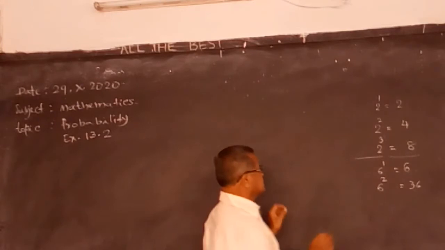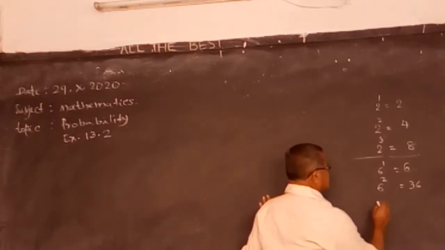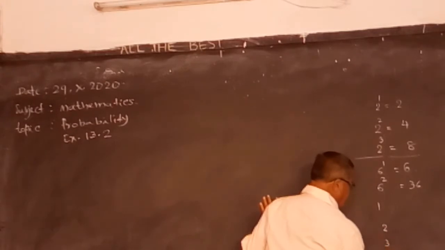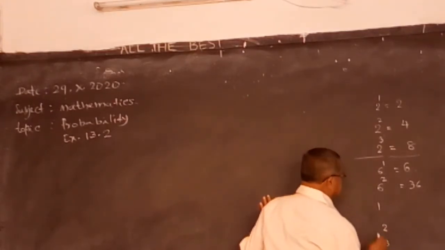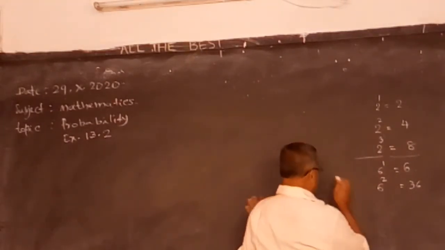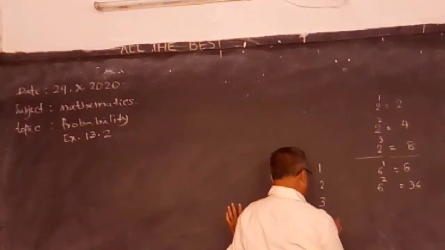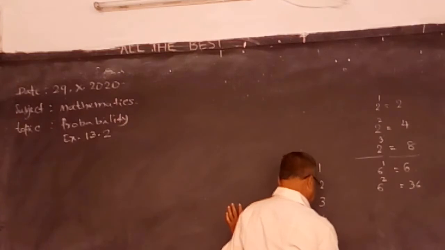How 36? First dice has 6: 1, 2, 3, 4, 5, 6. I will write 1, 2, 3, 4, 5, 6.